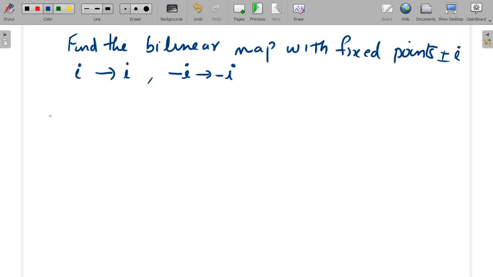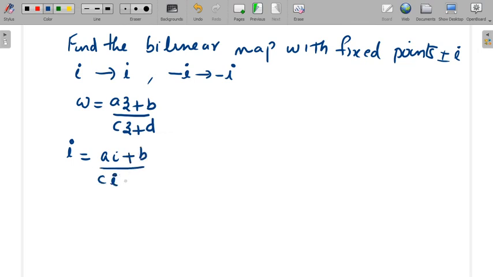So we start by taking the bilinear transformation w equal to (az + b)/(cz + d), right? And i is mapped to i, so we have i is equal to (ai + b)/(ci + d).